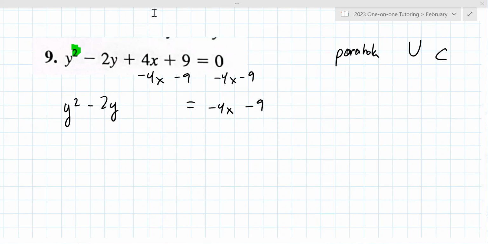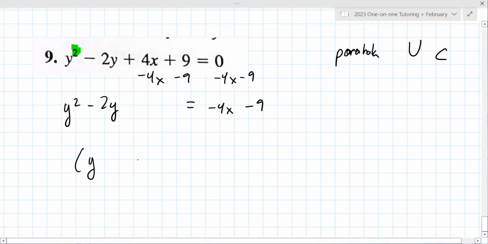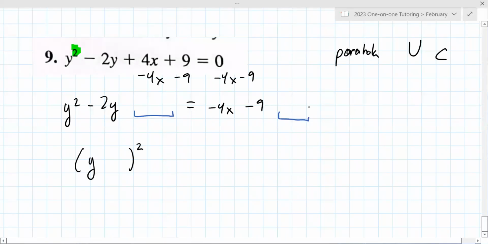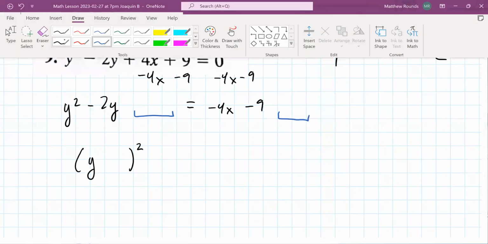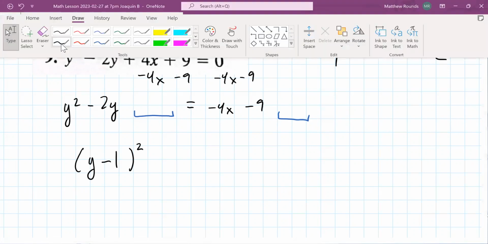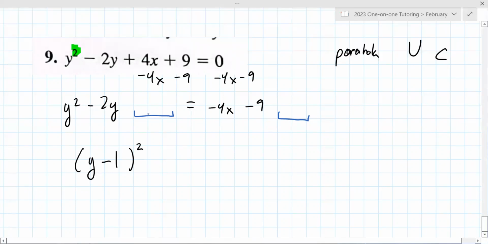All right, so let's complete the square on the left. What goes in parentheses here? On the left would be 1, minus 1. And then what goes in this blue bucket?